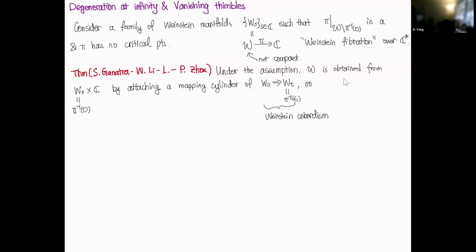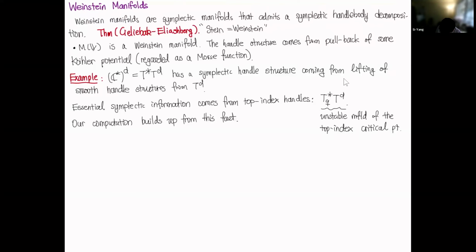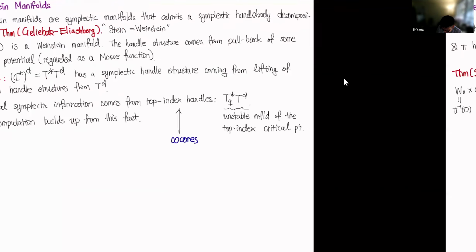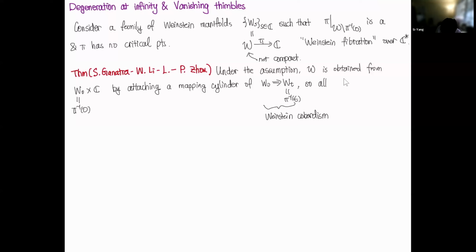I should say that top index handles are called cocores in the standard language of symplectic manifolds. So all cocores of W come from vanishing cycles.